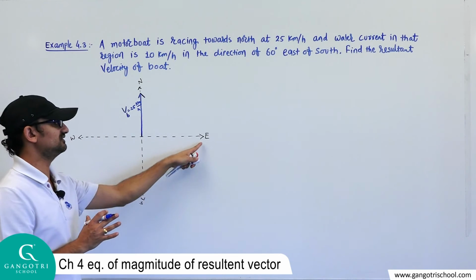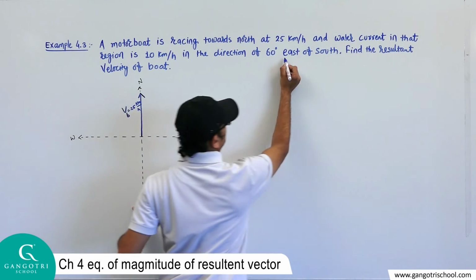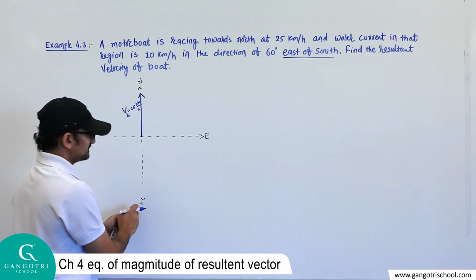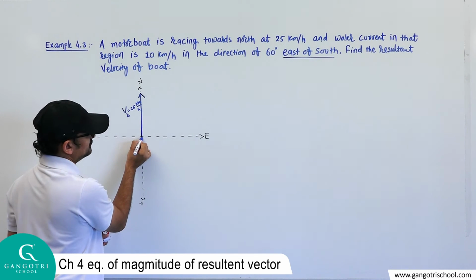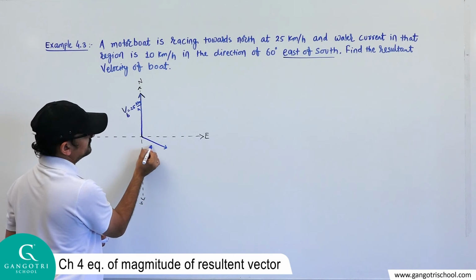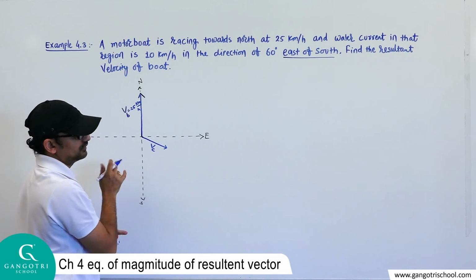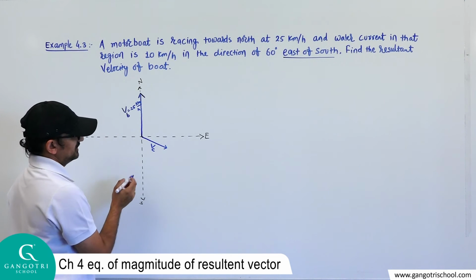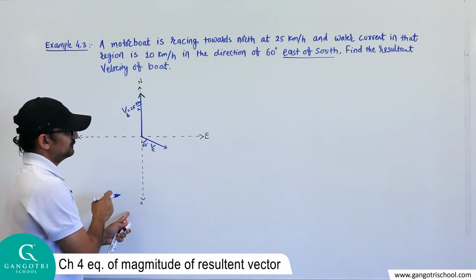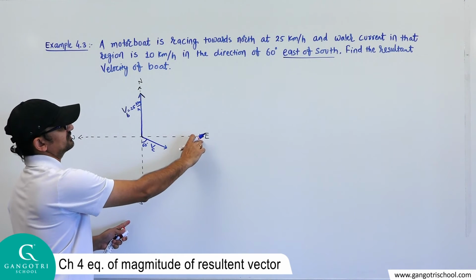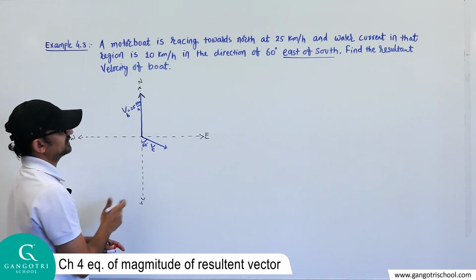Okay, this is east and this is south. East of south means from the south towards east at an angle of 60 degrees. This vector represents the velocity of the water current, and this angle is 60 degrees.